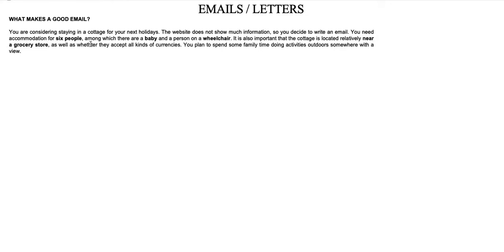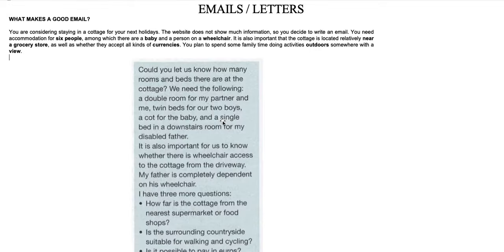And now the currency too: whether they accept dollars, euros, pounds, different types of coins. And you have activities outdoors, somewhere with a view. So this is the stuff that we definitely have to talk about. Now let's see what the student did.